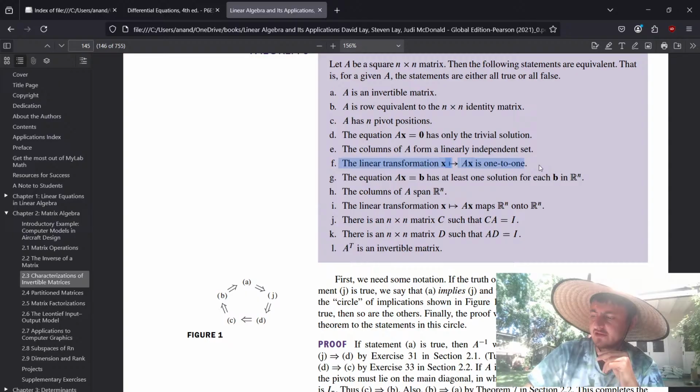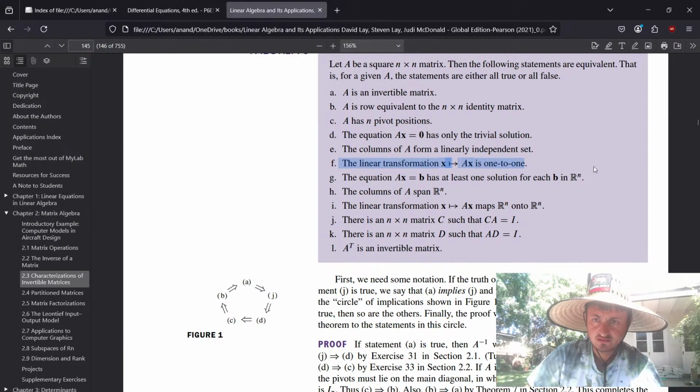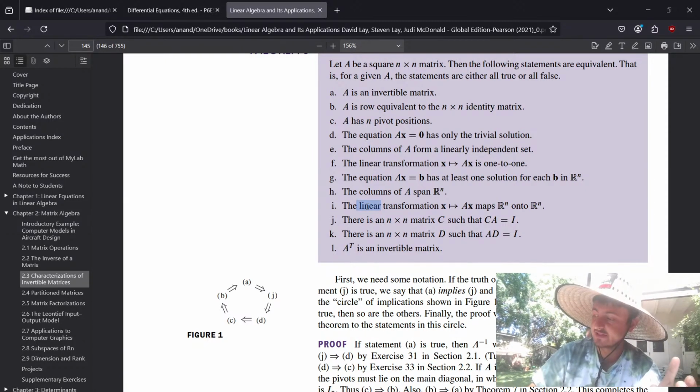So that means that if A is square and 1-to-1, it implies in some way that it's also onto. I mean, these are all the same, so A is also invertible.